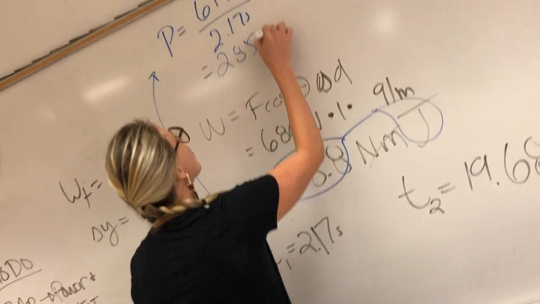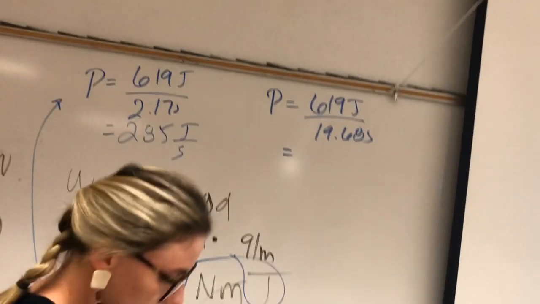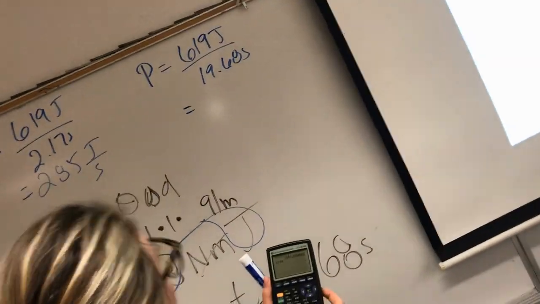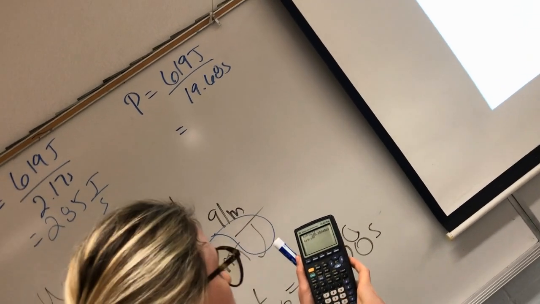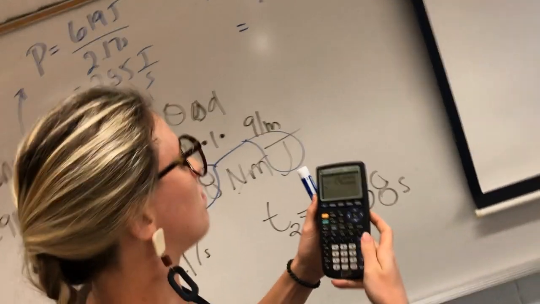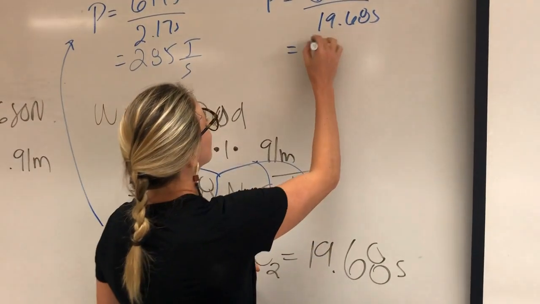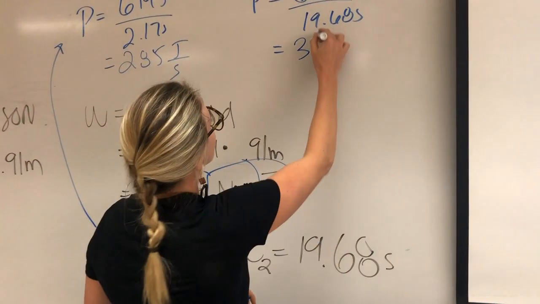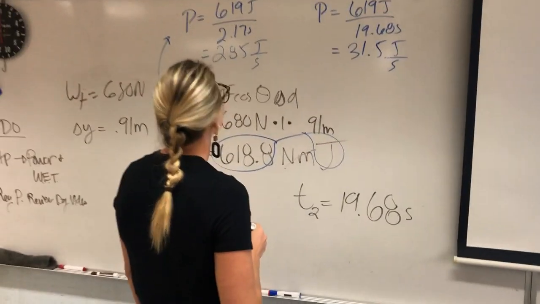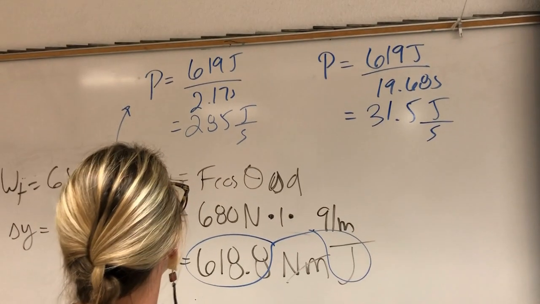That's joules over seconds. And then for my other one, 619 divided by 19.68, and I get 31.5 joules per second.